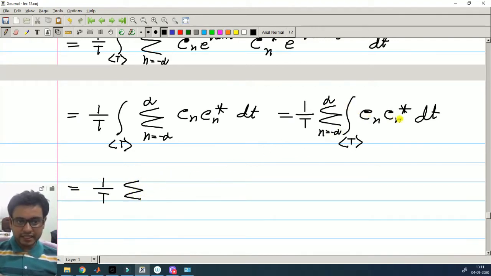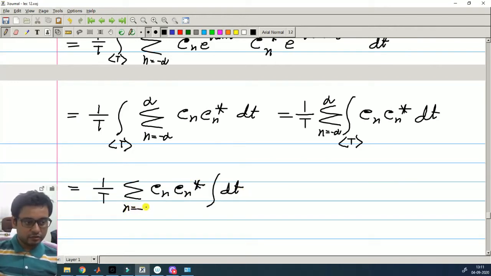Now Cn star is not a function of time, so we can put it outside the integration of dt from minus infinity to plus infinity.